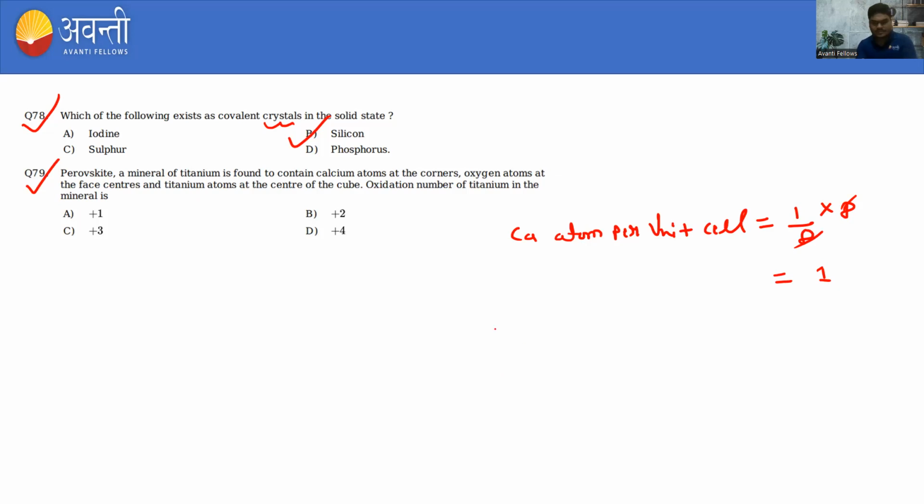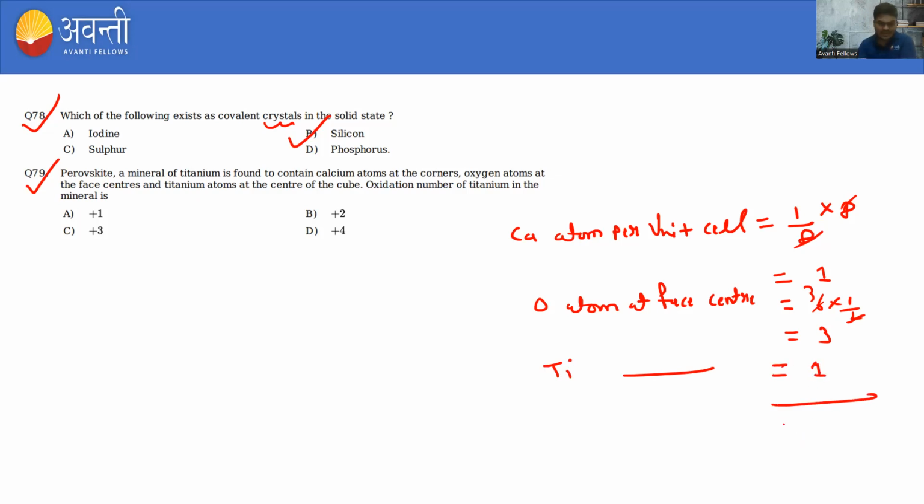Similarly, oxygen atoms are at the face centers. The contribution at the face, as we all discussed just now, is 6 into 1 by 2, that is 3. And the titanium atom is present at the center of the cube, so this is equal to 1.